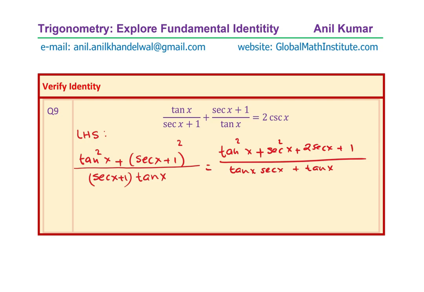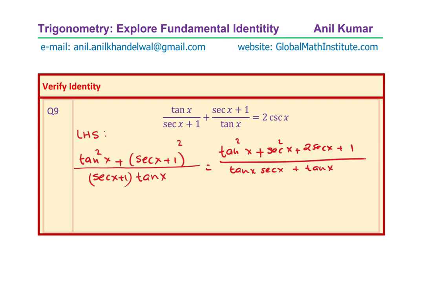So you have this particular expression to work with. Now tan square x plus 1 is secant square x. So you could write that as one of the expressions, right? And then further simplify and see what you get.